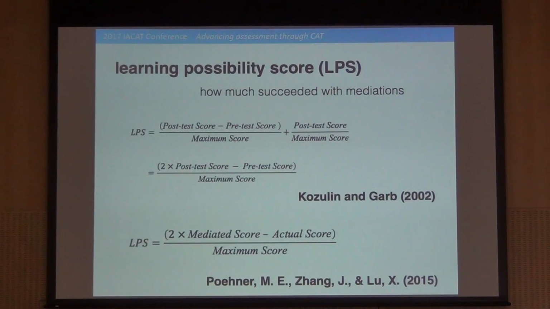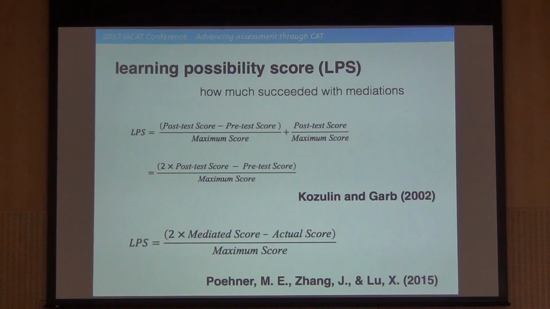Lastly, the learning potential score can be calculated with a mathematical formula, using the sum of the mediated score and the actual score. See, but the original LPS was proposed by Kozulin and Garb in 2002.